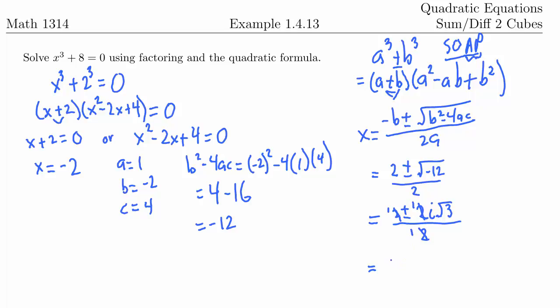So that leaves me with 1 plus or minus i square root of 3. Now I have 3 solutions. So x equals negative 2 and 1 plus or minus i square root of 3.